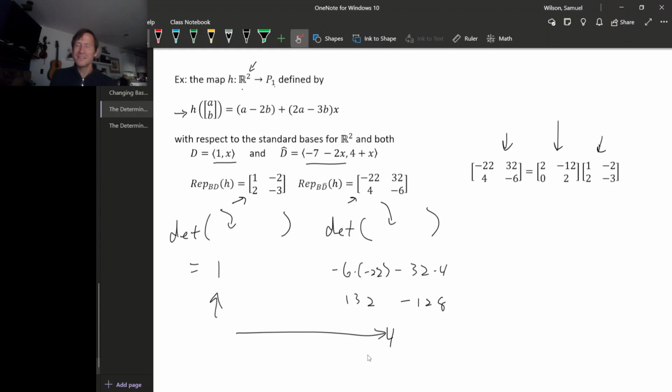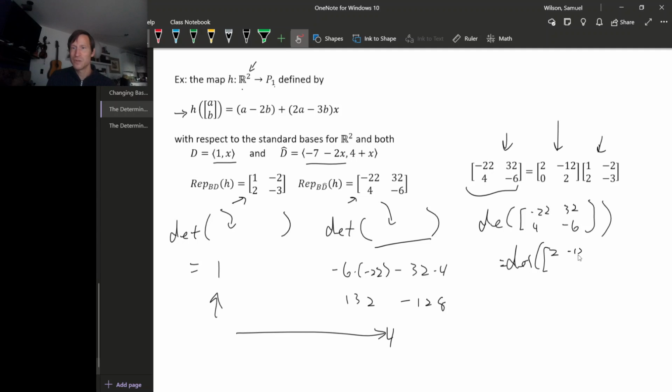And that shouldn't really surprise us because, right, what we calculated right here, the second determinant, it was the determinant of this matrix. Well, we know that the determinant respects products. So the determinant of -22, 32, 4, -6, that's going to be the determinant of this transition matrix, 2 minus 12, 0, 2, times the determinant of our first representing matrix, 1 minus 2, 2 minus 3.